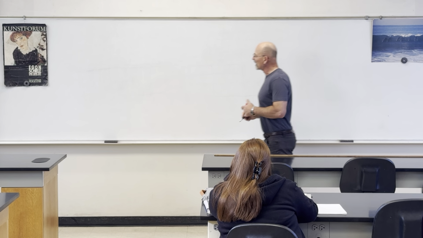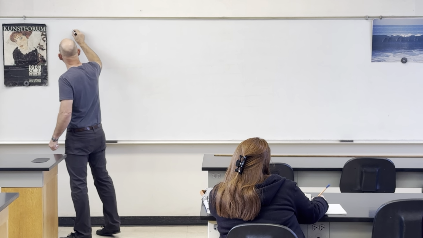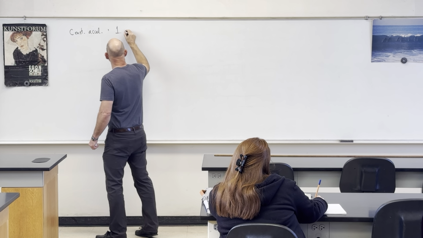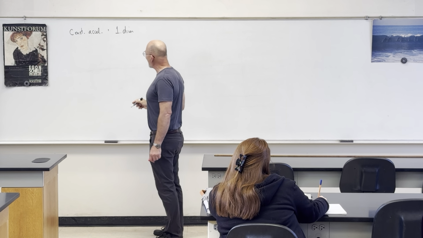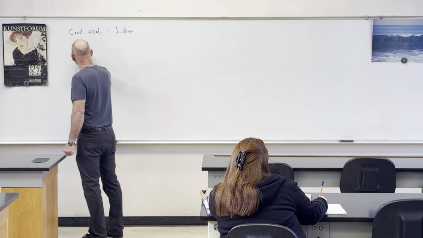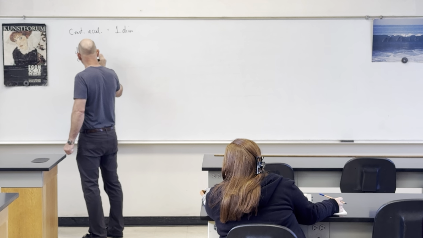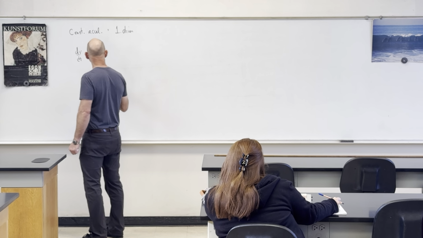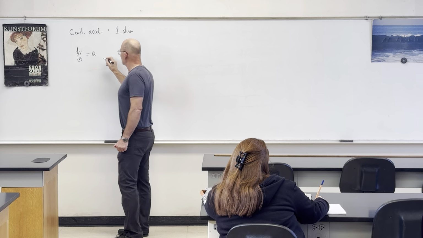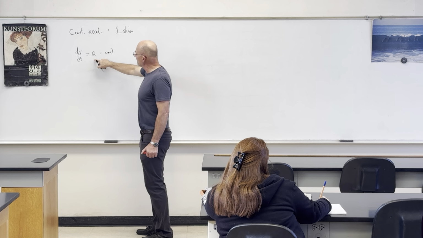So what we're going to do is constant acceleration in one dimension. And we'll be able to generalize it, no problem. Constant acceleration, one dimension, and we'll just call it x. So now we have dv/dt, we're just going to name it a. a is a constant.